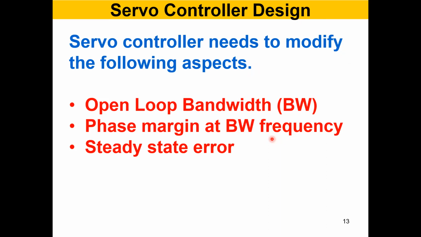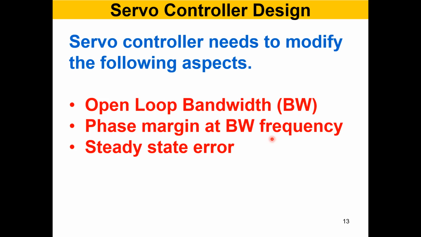Sometimes you are asked to increase your phase margin and maintain 45 degrees, 50 degrees, 35 degrees. Then you are supposed to do that. And finally, steady state error. You are asked to maintain a certain steady state error.